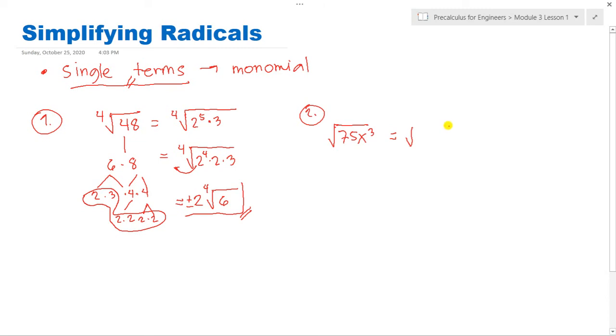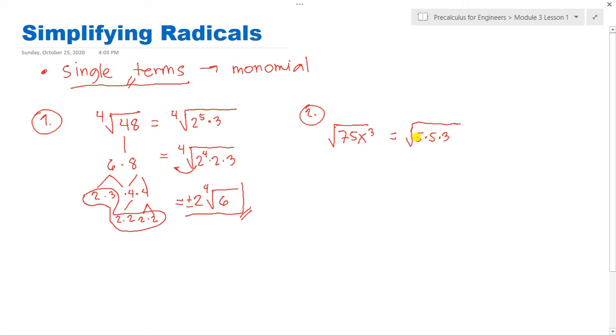So here, yung 75, so to make it quick, 75 is a factor of 25 times 5, di ba? 25 times 5 ba? No, it's 25 times 3 pala. So 25 times 3. Then, remember that 25 is a factor of 5 times 5. So therefore, 75 pala can be written as 5 times 5 times 3.